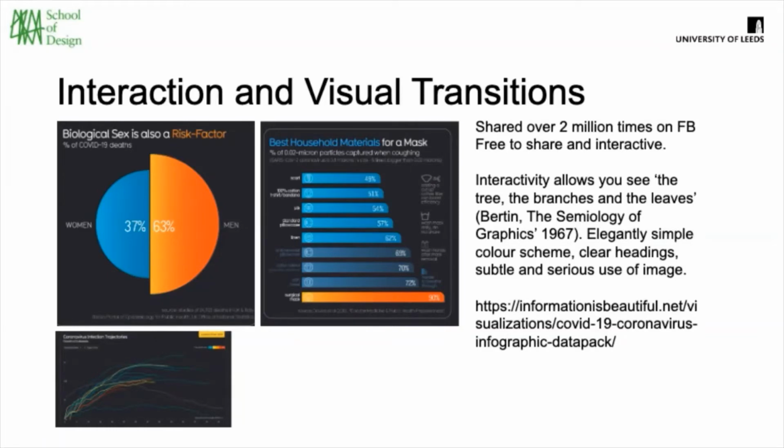So this managed to get the public's attention and interest, and I think brilliantly highlighted Jacques Bertin's idea that a good visualization should show a single leaf, a bigger branch, and the whole tree, so that the story of COVID, for instance, was coming across very clearly. It also felt alive with the transitions between the graphics, and it was interactive, so people could explore the data.